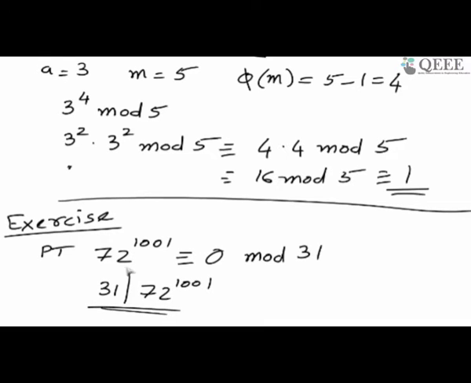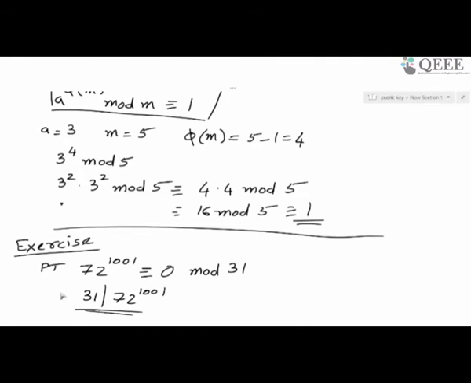When 72 to the power of 1001 is divided by 31, there will be no remainder. So you can actually prove it with just the rules that we have studied, exercise 2.